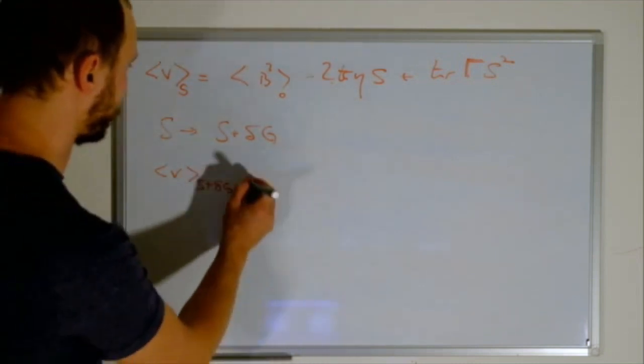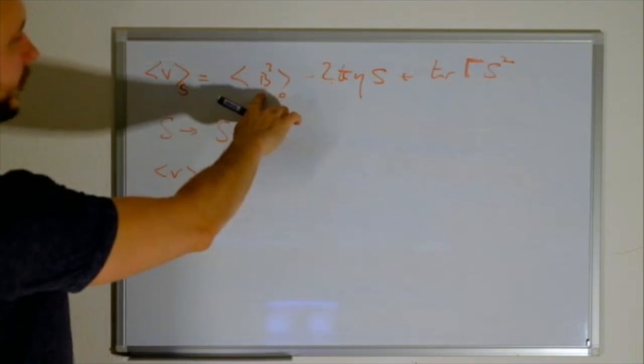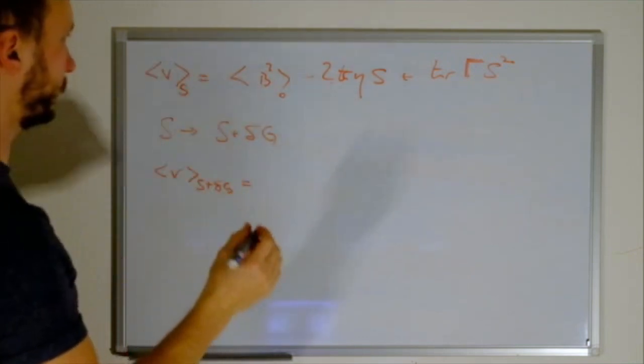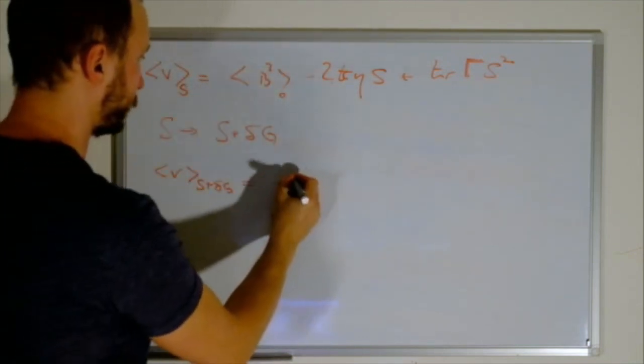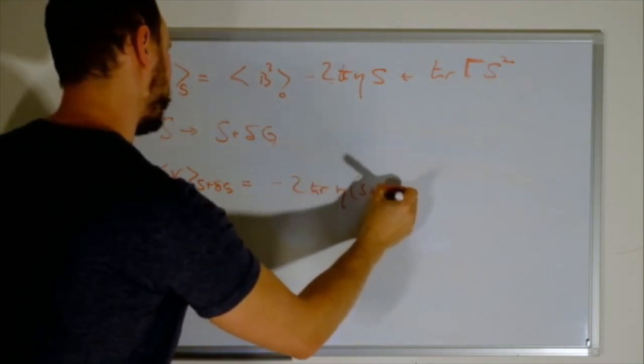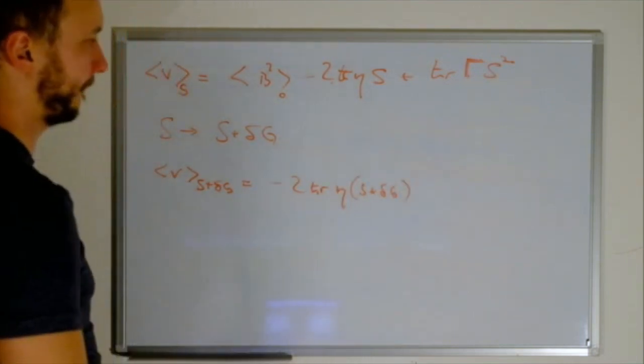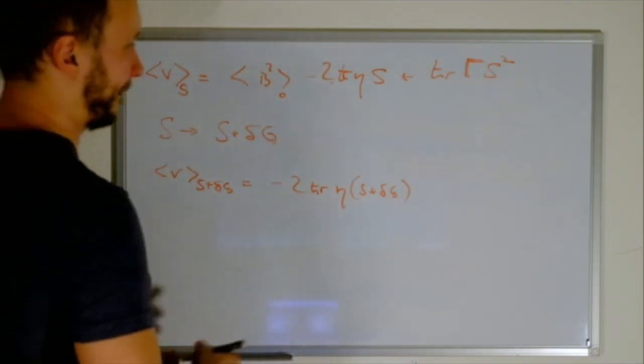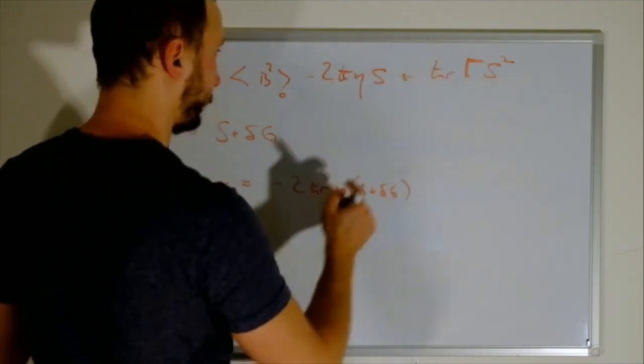So what is this? Well, of course, this term doesn't even depend on S, so it just disappears. This one will get minus 2 trace of eta times S plus delta G. And the last term is a bit more complicated.